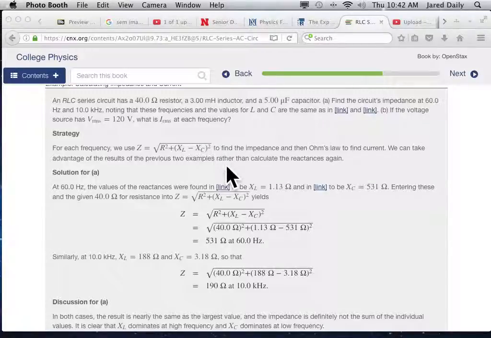Calculate those first. We've already calculated them because they're the same values as the previous examples, so we know what those are. We can just plug them into this formula with our resistance, which is the 40 ohms, and we get 531 ohms at 60 hertz and 190 ohms at 10 kilohertz. So that's the overall impedance of the circuit.